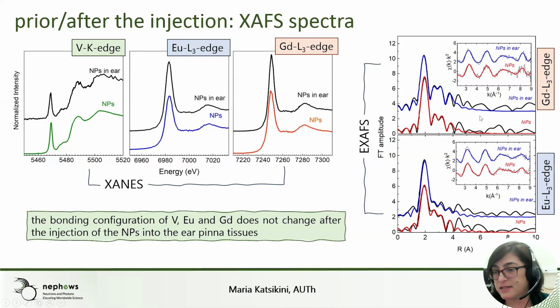And in the case of EXAFS, black lines correspond to the experimental data, whereas color lines correspond to the fitting. So we can directly observe that there are no differences in the spectra prior and after the injection, which means that the bonding configuration of the elements is preserved.